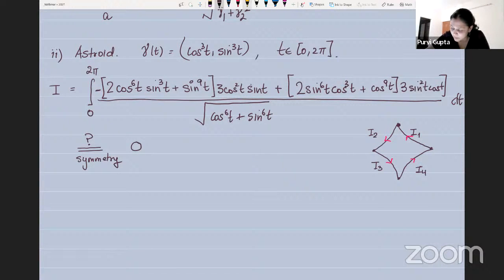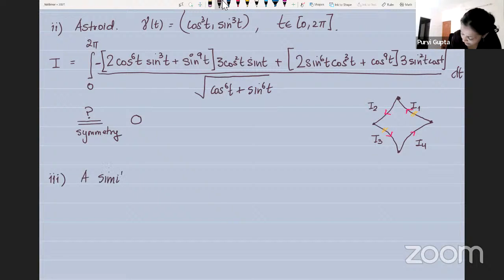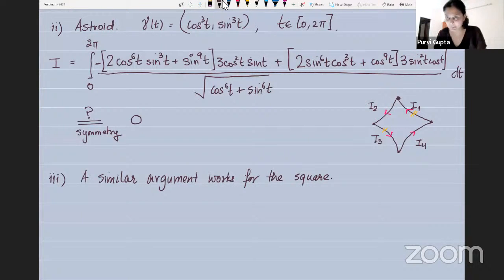Some kind of symmetry could be that the behavior along this curve is the same as the behavior along this curve, but it comes with a minus sign. So you can use these various rules. And for part 3, a similar argument works for the square, and I'll leave you to work with the parametrization.